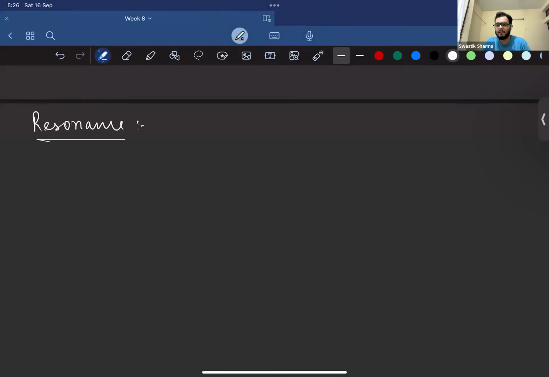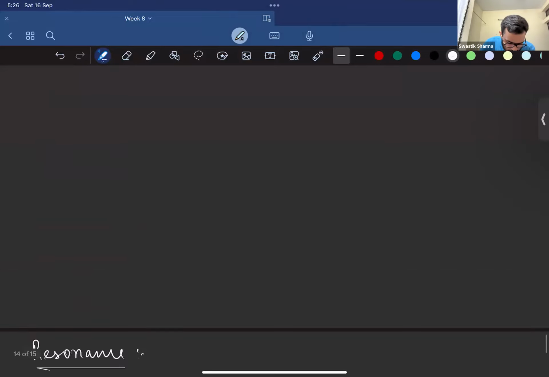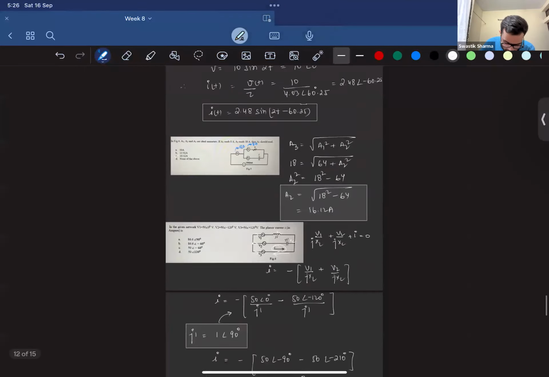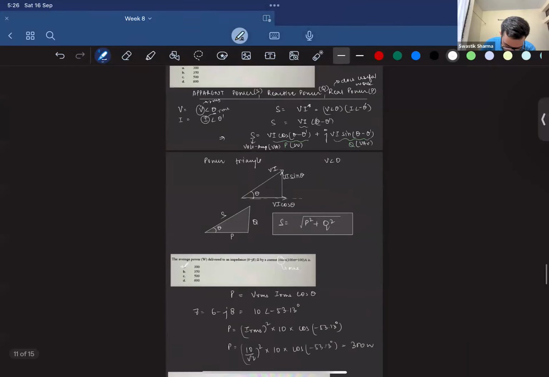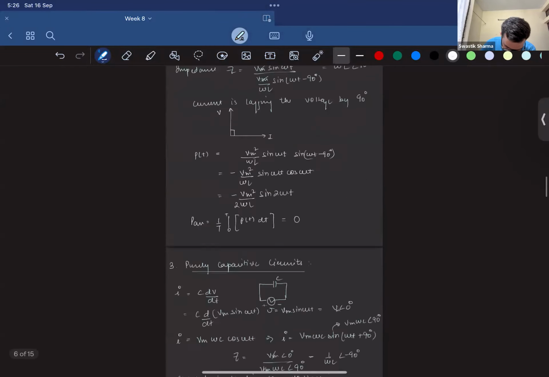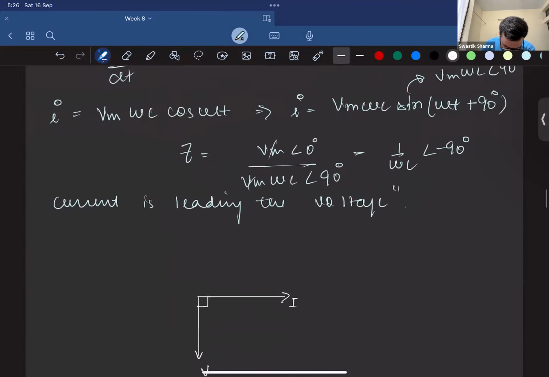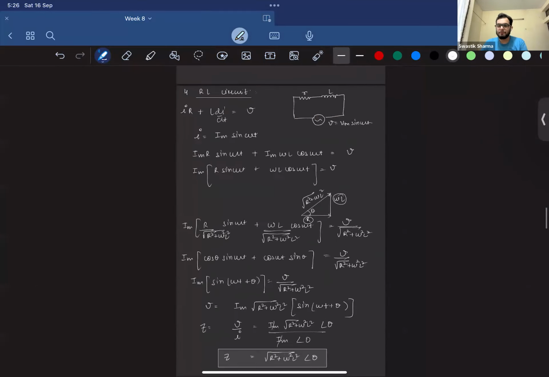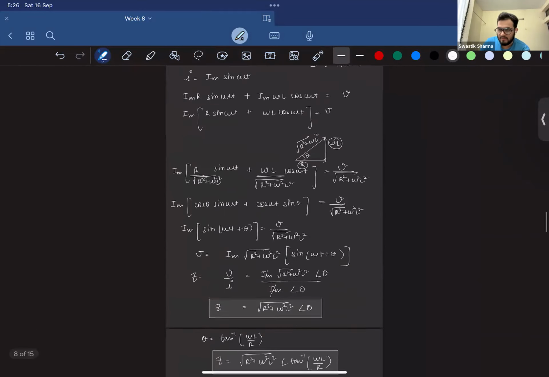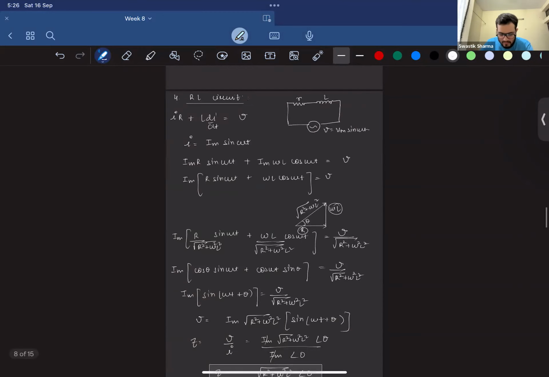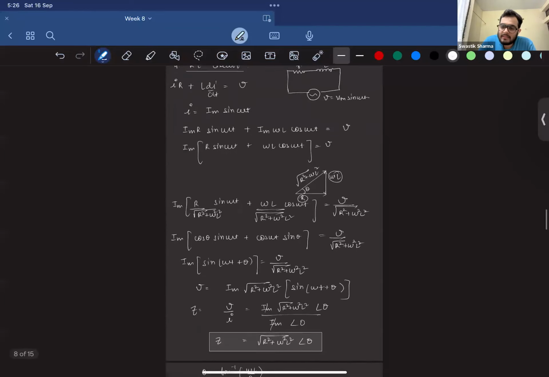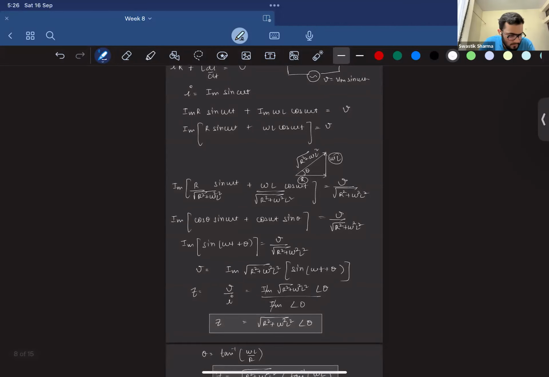So what is resonance? As you've seen, when we use circuits with inductors and capacitors, or a resistor in connection with an inductor, the current's phase angle is displaced relative to that of the voltage.